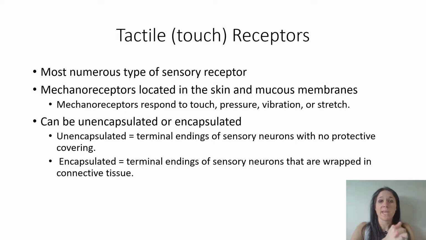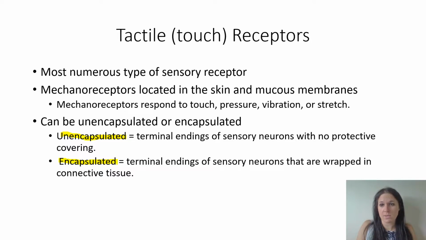Okay, so we can classify these receptors as either encapsulated or unencapsulated. And that is just talking about whether the terminal ending is wrapped in connective tissue or not. Okay, so if it's encapsulated, it's going to be wrapped in this protective connective tissue, and if it's unencapsulated, it is not.